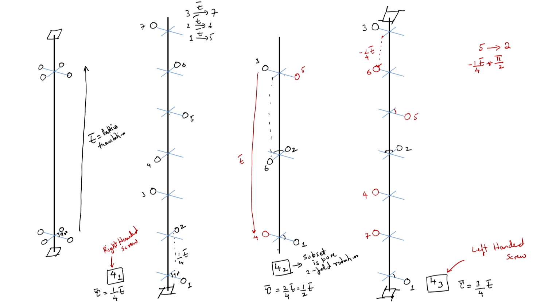Now, coming to 4 sub 2, so you can see the symbol for 4 sub 2 is such that the symbol itself has a two-fold rotational symmetry.